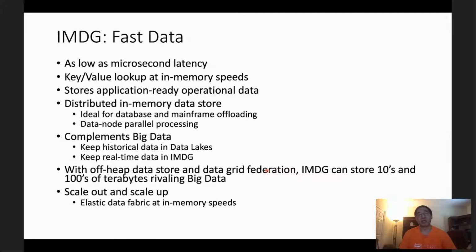And with the off-heap data store that is provided by many of the IMDG products, you can actually store upwards of hundreds of terabytes of data, which rivals big data. And scaling out and scaling up is just a matter of adding more nodes and increasing the resource sizes and such.